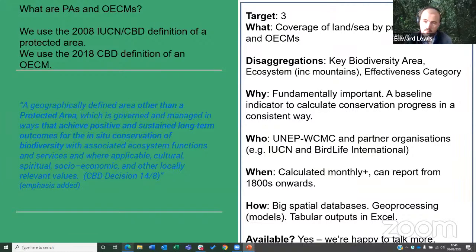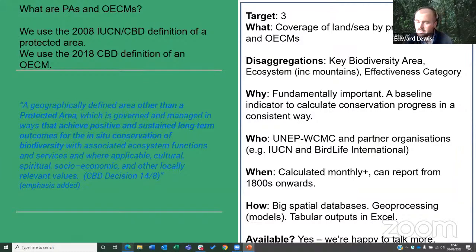We manage the data on protected areas and OECMs alongside IUCN and UNEP. And then BirdLife International are the custodians of the World Database on Key Biodiversity Areas. So together, IUCN, BirdLife International, and ourselves are the custodians of the indicator with PAs, OECMs, and KBAs, which I'll touch on a bit more in a second.